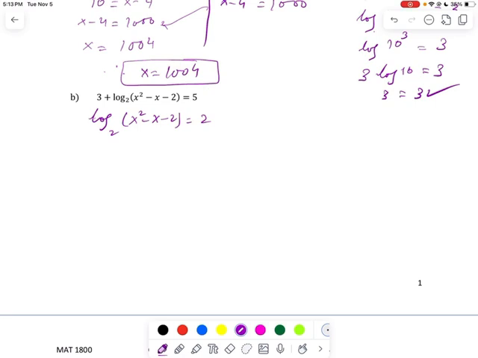Now again I can convert to exponential form, or we can raise this equation to the power of 2. Why 2? Because the base of the log is 2. Whatever the base of the log is, that's what you need. So sometimes people do it this way.